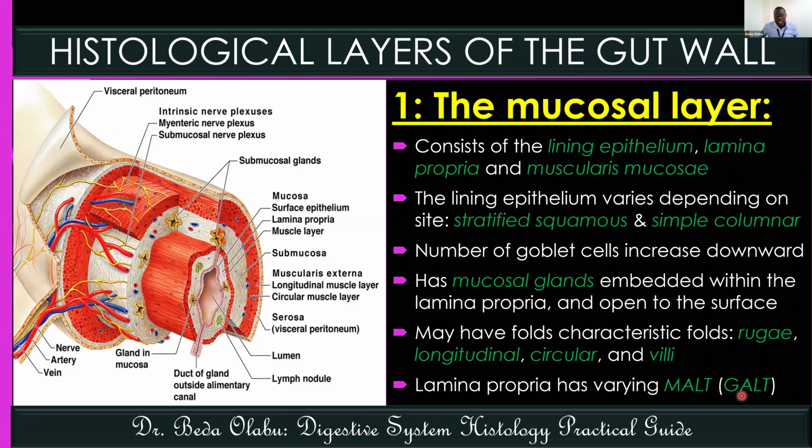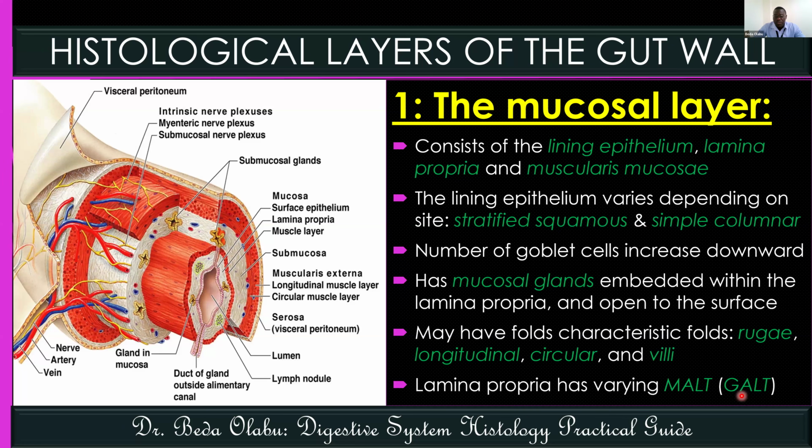Now that we're talking about the gut, you may also call them the gut-associated lymphatic tissue. They may be present in the lamina propria. Some regions have a lot of them. Some regions have not so much of them. We see most of this in the pharyngeal region, particularly constituting the palatine tonsils and the lingual tonsils.